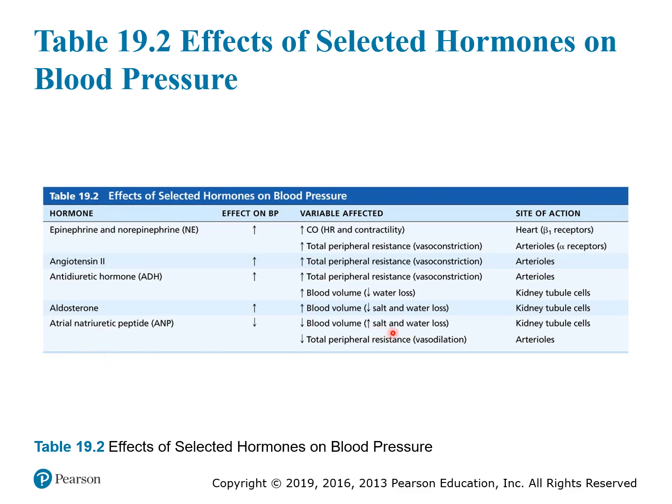Its site of action is the kidney tubules, and it also decreases the total peripheral resistance by direct action on the arterioles. Do go over this chart again. They have put everything together, so if you read it two to three times, you'll be able to know it better.